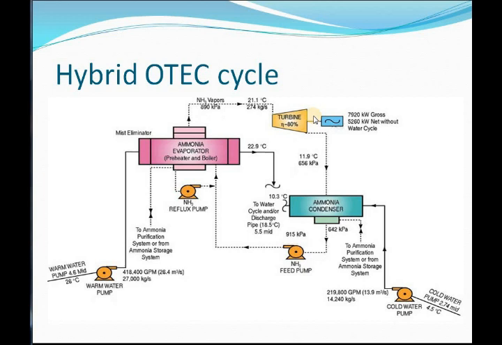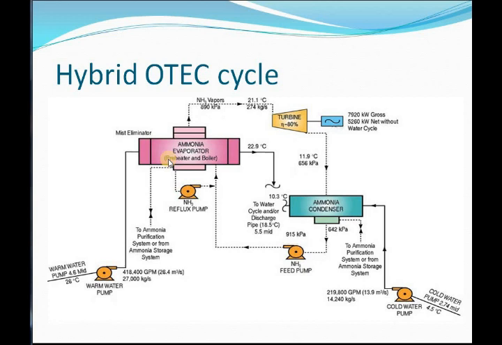Then you have a generator which is connected to the turbine. Then again that second working fluid will be condensed in a condenser, which is an ammonia condenser. This is being condensed using the cold water pump, and this condensed ammonia is again going and getting utilized with the ammonia evaporator, if you see here.